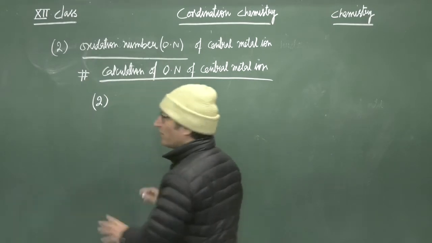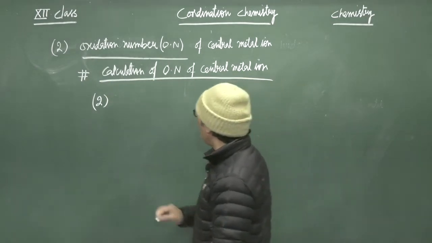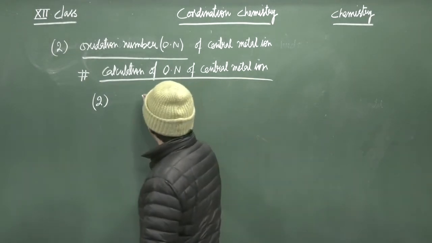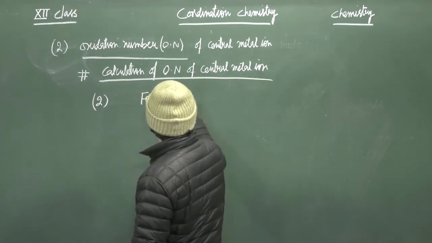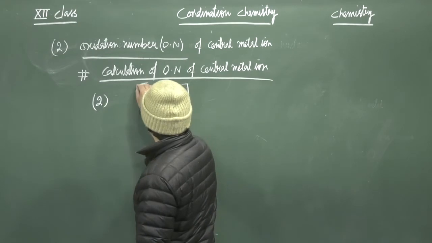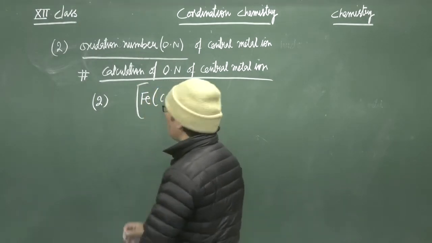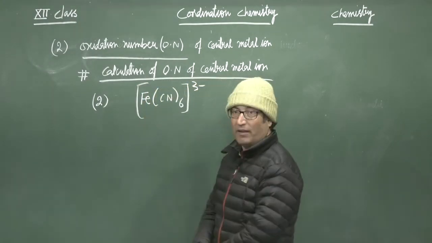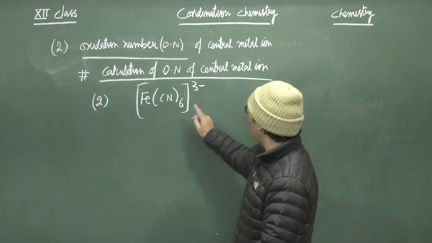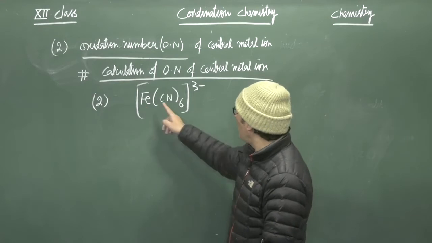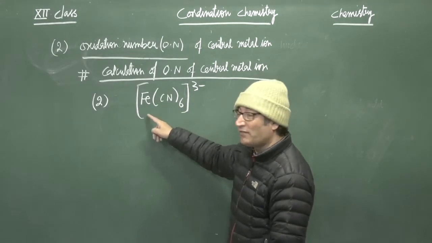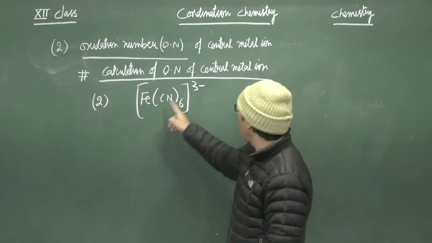Now, this was a neutral species. But instead of neutral, if we have a charged species, like [Fe(CN)6] with charge -3, and you are asked to calculate the oxidation number of iron. Now, remember, this coordination entity is negatively charged. So the sum of the oxidation number of iron and the charge on the 6 cyanide ions will not be equal to 0, it will be equal to -3.